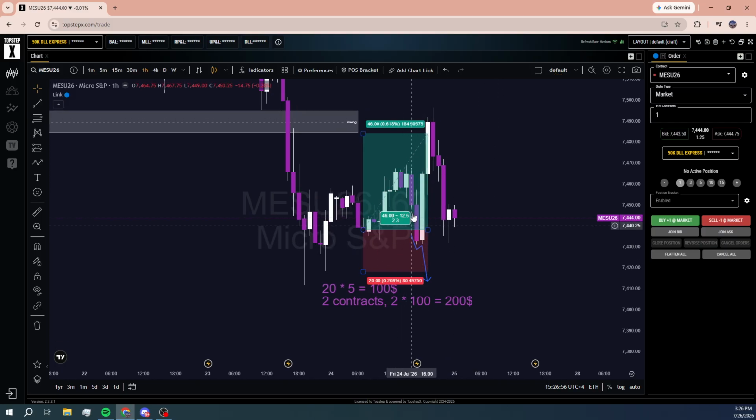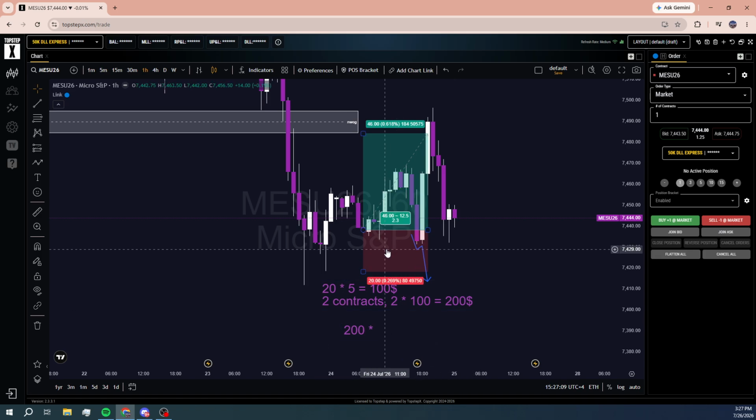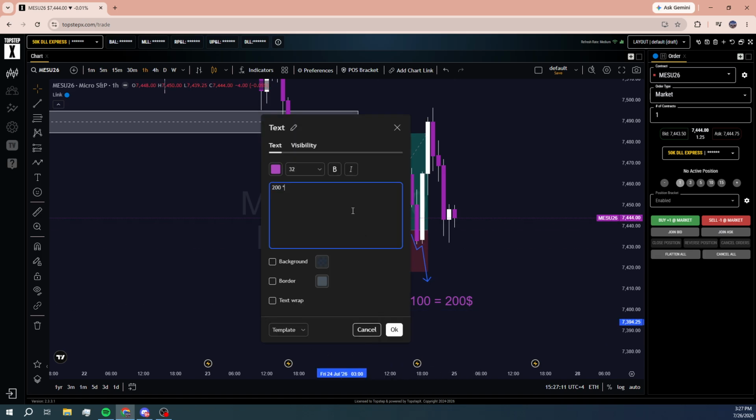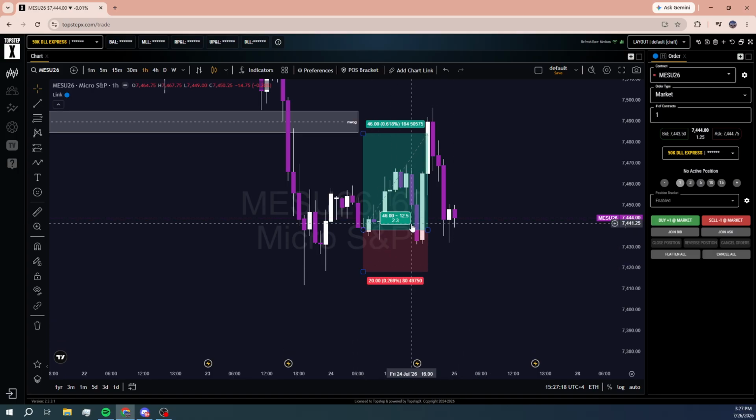But if I win this trade, the risk to reward is 2.3. I can lose 200, but if I'm winning, I am winning 200 times 2.3, which is over $400. So this is the scenario on SP 500.